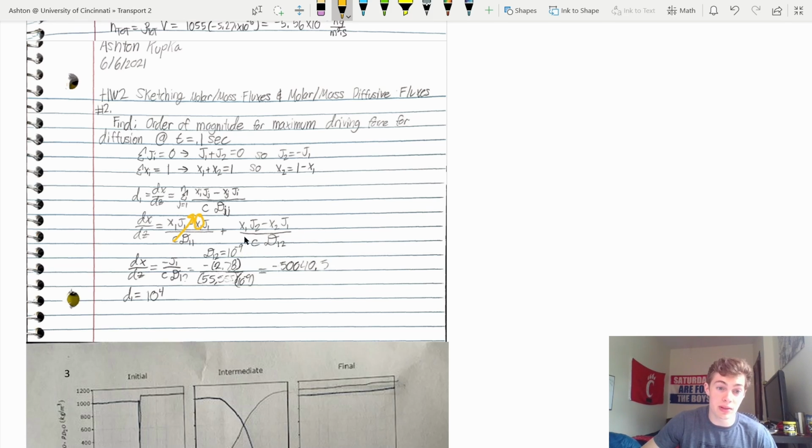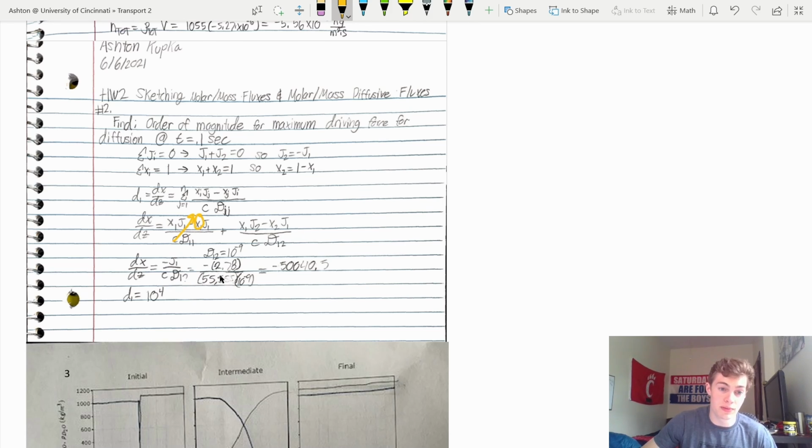And we also know that the molar concentration for water is going to be 55,555, meaning all we have left to do after we substitute these in is get a final equation of negative molar diffusion flux of component 1 over our total concentration, over our total concentration multiplied by our Stefan-Maxwell constant.